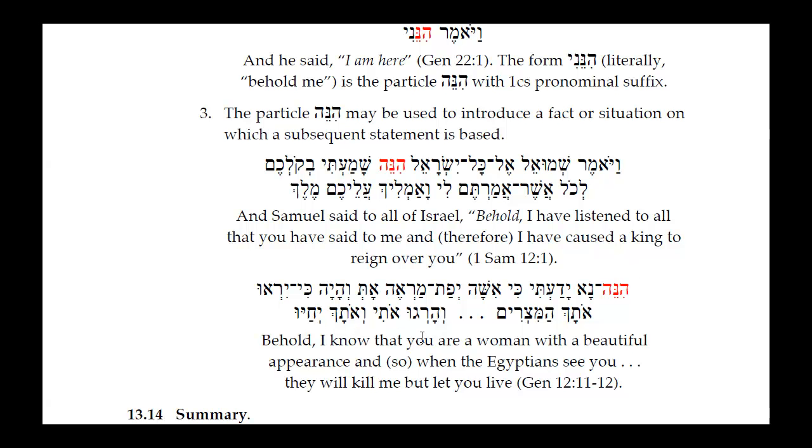Behold, I know that you are a woman with a beautiful appearance, and so when the Egyptians see you, they will kill me but let you live. So it's basically stating a fact of the situation that they're in. And so those are the three different uses of hene in the Hebrew.